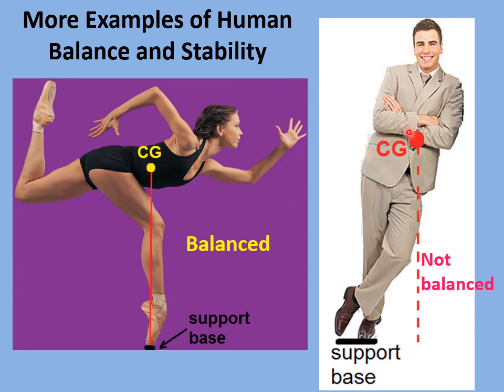In this picture, with this guy standing in this kind of leaning position, this would not be possible, because if his CG was somewhere around here in his midsection, notice if we trace that straight downward, it's not above where his feet are touching the ground, so that means he's going to fall over in this direction.